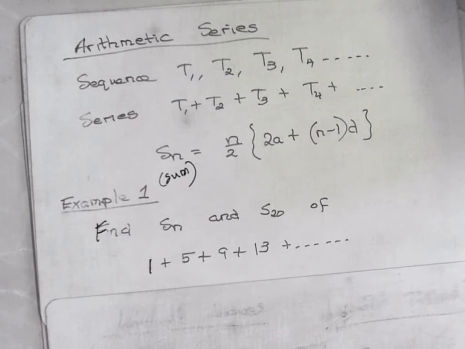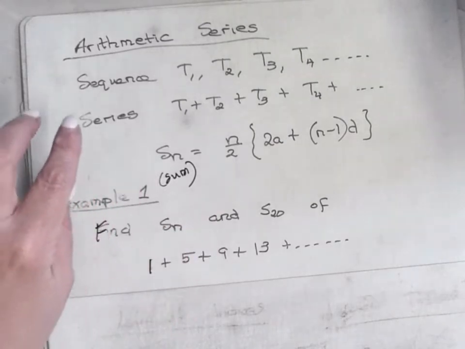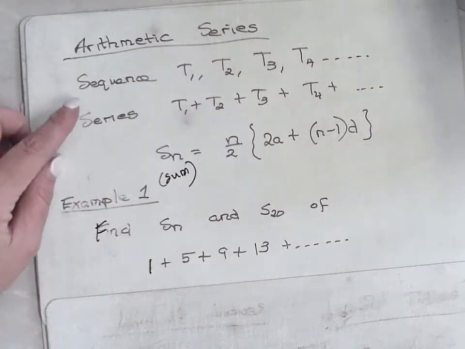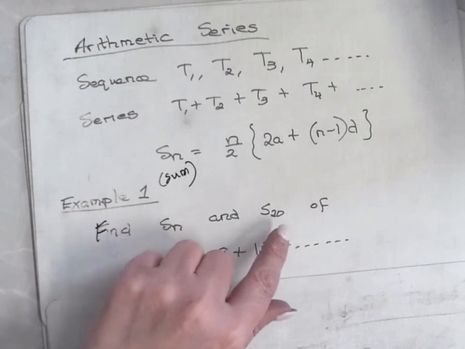Example 1, I'll give you a minute to catch up. Are we okay? What's it say? What are you stuck on? It says find Sn and S20.